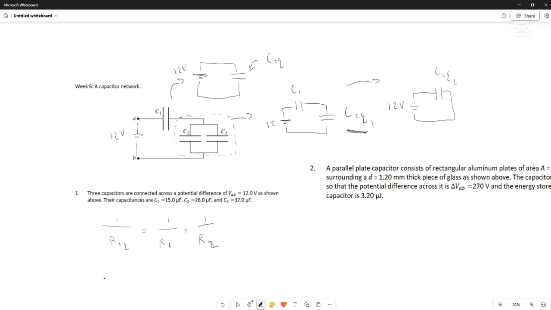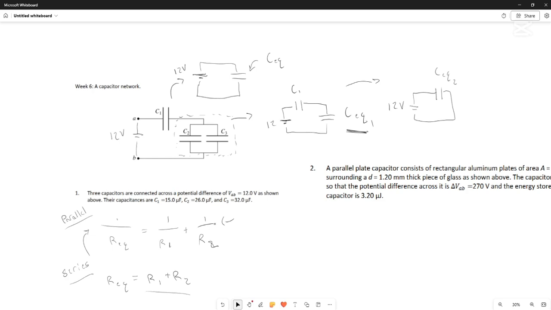For resistors in series, they just add together in a linear fashion. This is the case for two resistors in series, and this is for two resistors in parallel.